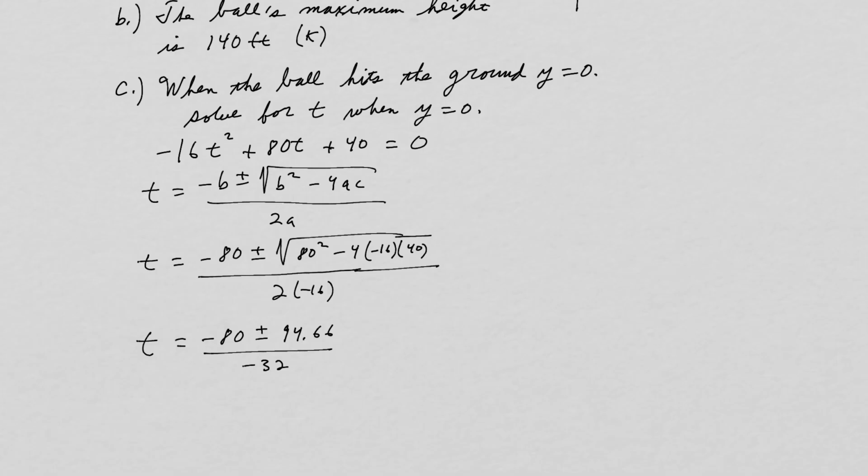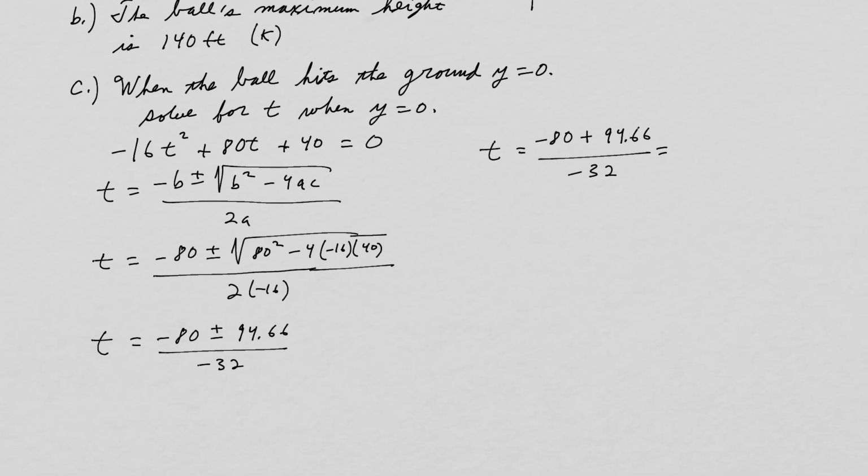So one solution is t equals negative 80 plus 94.66 over negative 32. And that turns out to be negative 0.458 seconds.